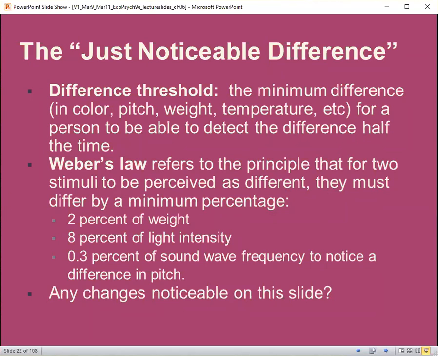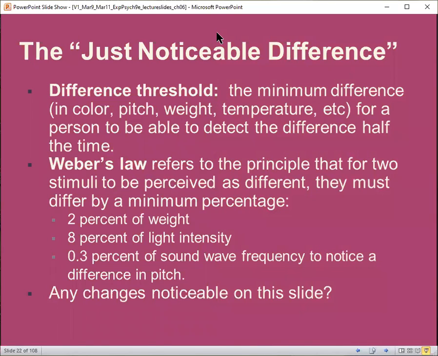Now, let me ask you this. Has anybody noticed a slight change in the slide just now? I did it again. Has anybody noticed a change in the background color of the slide? Say yeah or nay. Well, some of you may have noticed. No. Okay, good. So the idea is that there is a slight change. Let me point my cursor around here to see if you can see the line, right there.